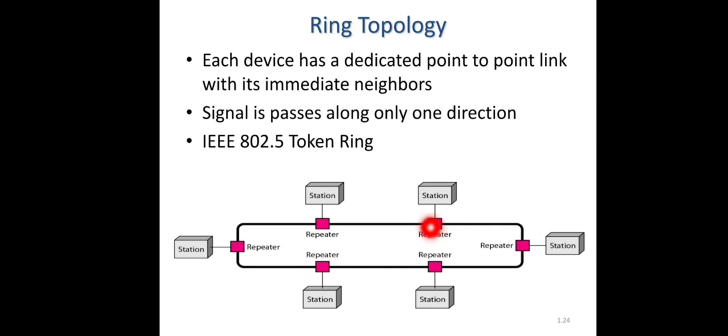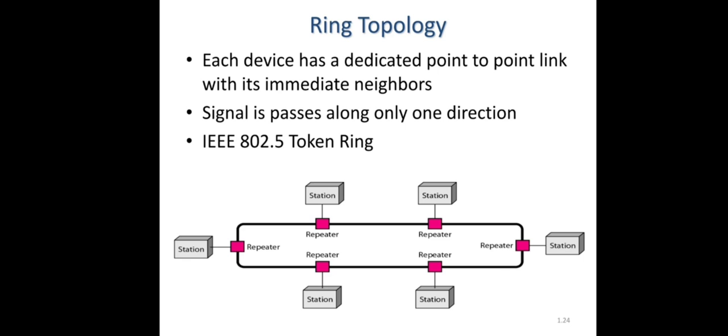If it is the same as its own, it will just accept the data; otherwise it will just forward that data, and this procedure will be repeated until the data is received by the actual recipient. This is how ring topology works, and this is mainly used in the IEEE 802.5 token ring method.